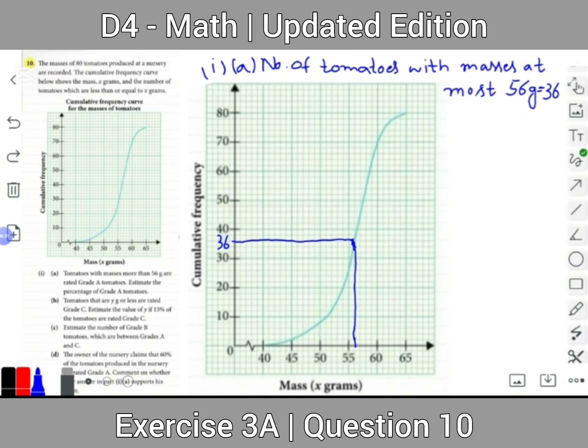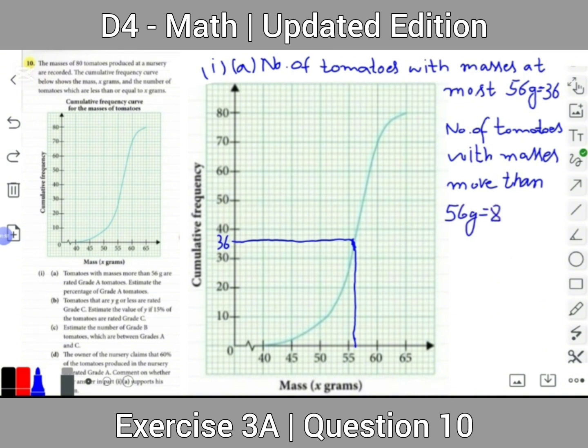So here we have 80 minus 36, which equals 44.